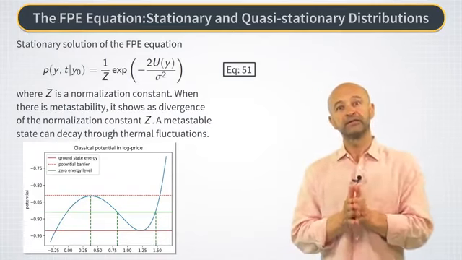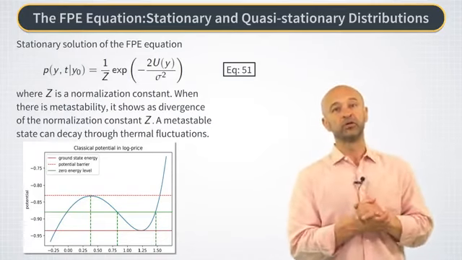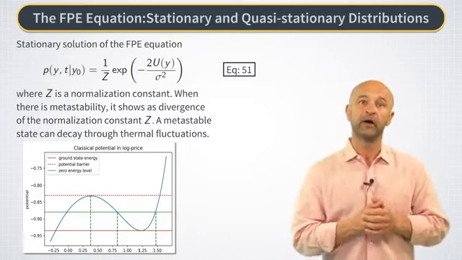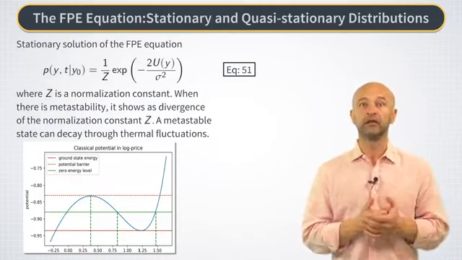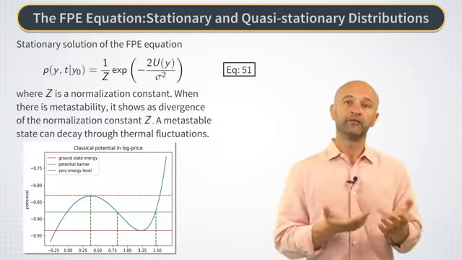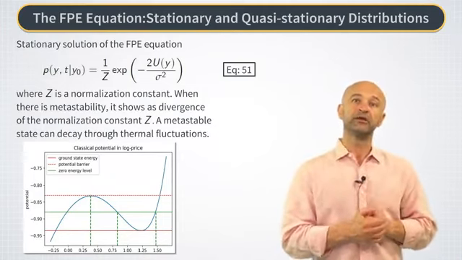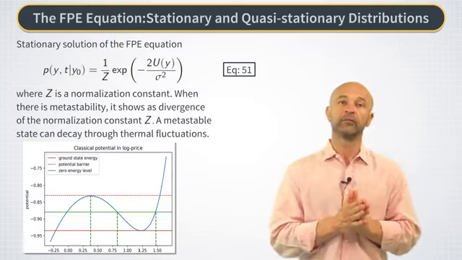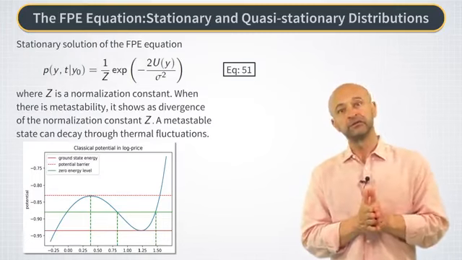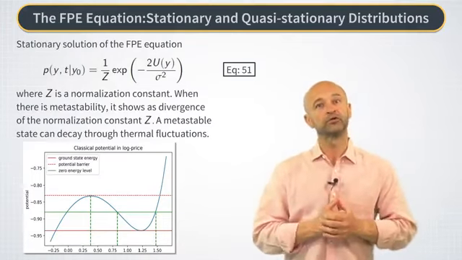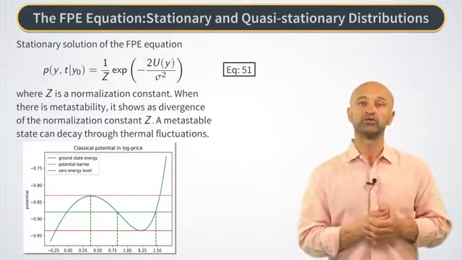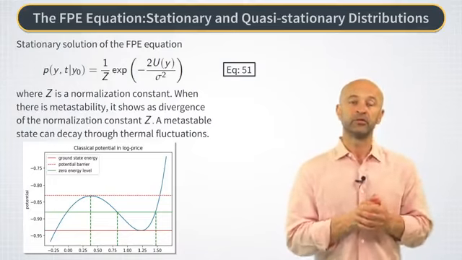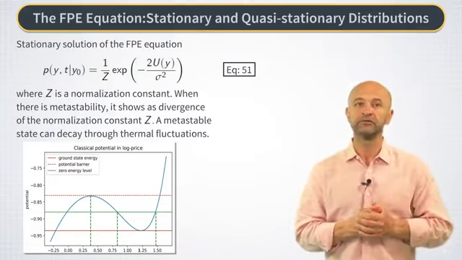What can be obtained instead in such a system would be a quasi-stationary state that might be very long-lived, in fact, but still will decay in a very long time. And the time it takes for such state to decay is driven by the height of the barrier and the noise level. The existence of such process shows up in divergences or zeros of the normalization factor z. That is called the partition function in physics.